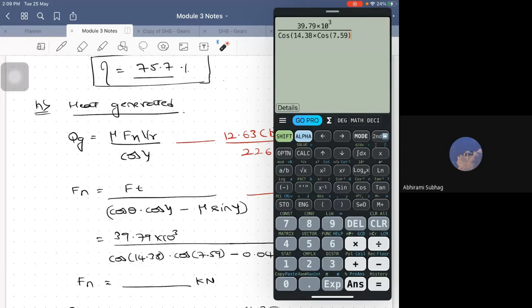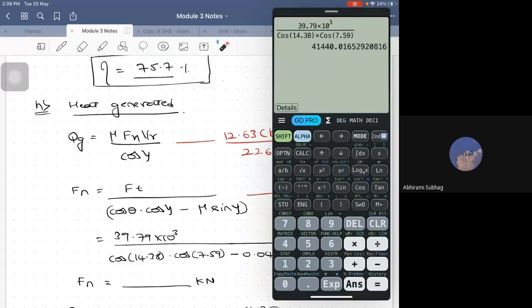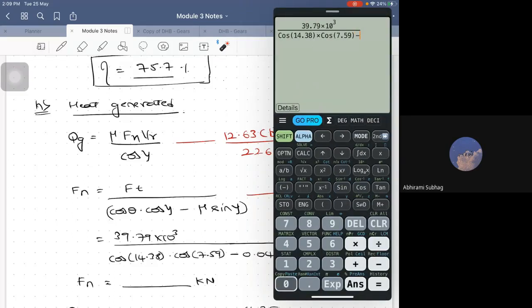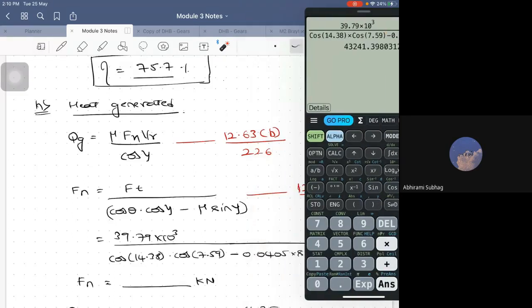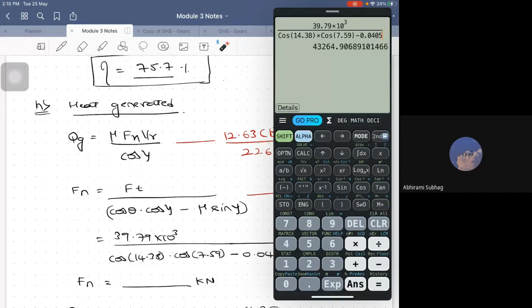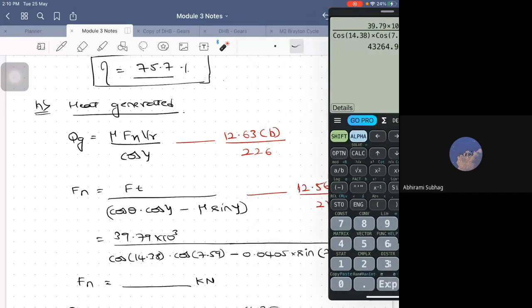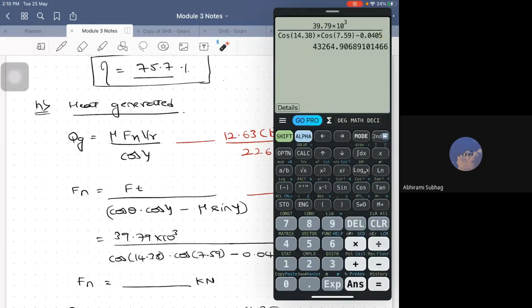So have to even close the bracket here also. And minus 0.0405 and sine 7.59.